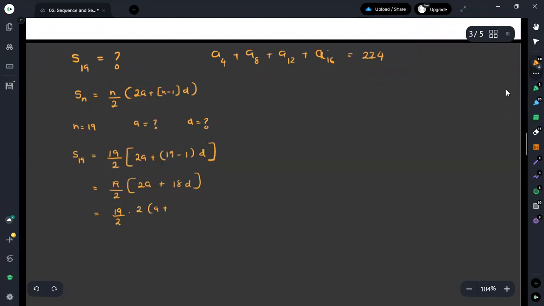Then we will get A plus 9D. If you solve this, then we are getting S19 is equal to 19 times A plus 9D.